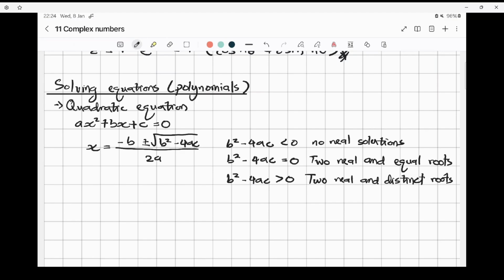So now let's look at this more carefully, especially the first condition, which is when b squared minus 4ac is smaller than 0. Basically it means that b squared minus 4ac is equal to some negative number. Right?